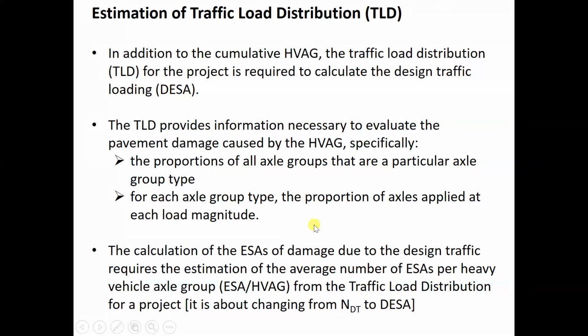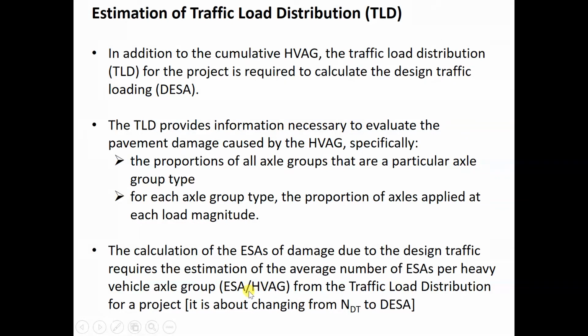The calculation of ESA of damage due to the design traffic requires the estimation of the average number of ESA per heavy vehicle axle group. So we want to find out how many ESA per heavy vehicle axle group.